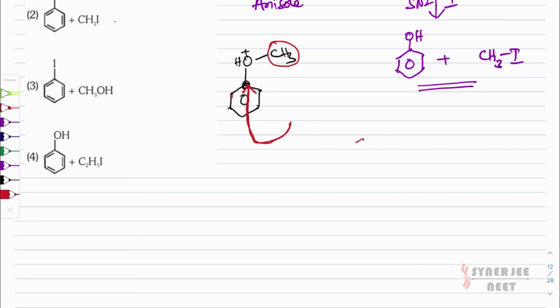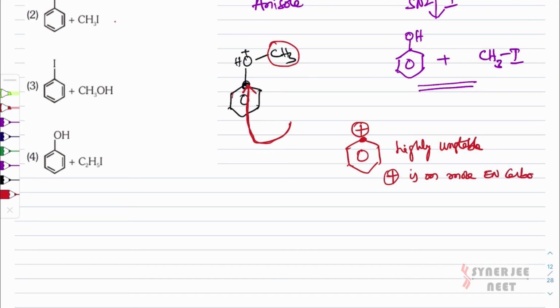The reason is that the phenyl carbocation, a benzene ring with positive charge, is highly unstable because the ring carbons are double bonded carbons, which are more electronegative. When the positive charge is on a more electronegative carbon, such as double bonded or triple bonded carbons, it is highly unstable.